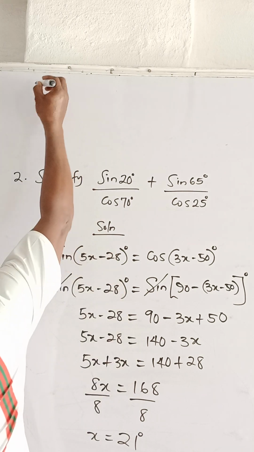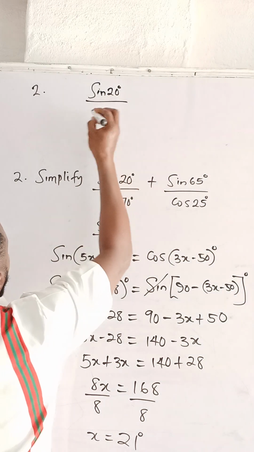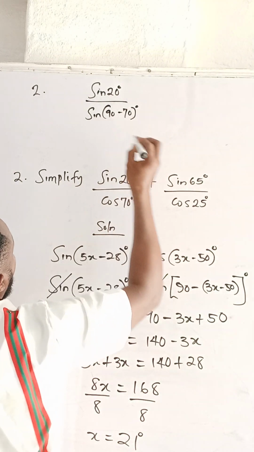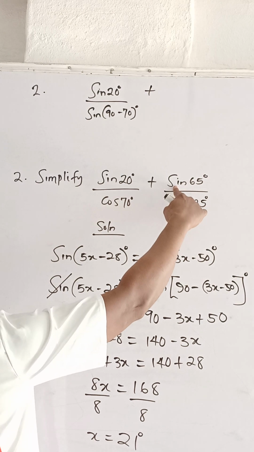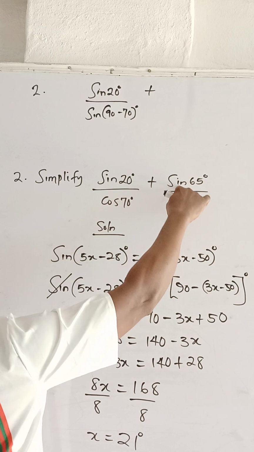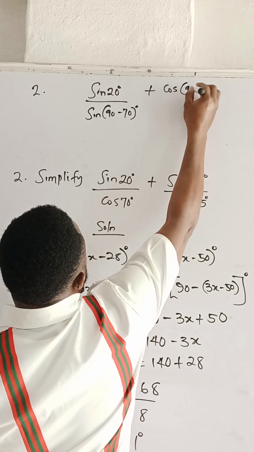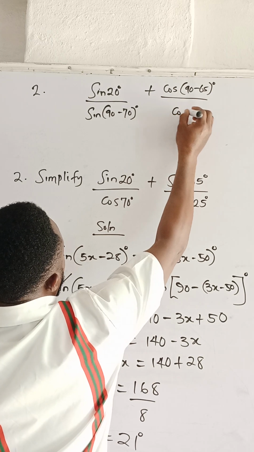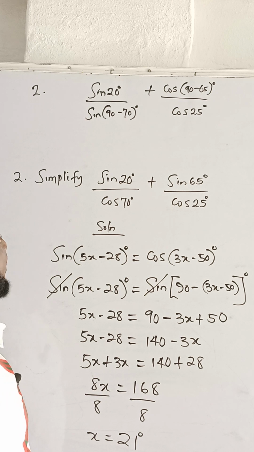So I can write this question number 2 as sine 20 degrees divided by the sine of 90 minus 70 degrees, plus, it's a choice, I'm actually converting the bigger values to the complement. So sine 65, I can choose to convert it to cosine. That becomes the cosine of 90 minus 65 degrees divided by cosine 25 degrees. So we are still using the complementary angle property.